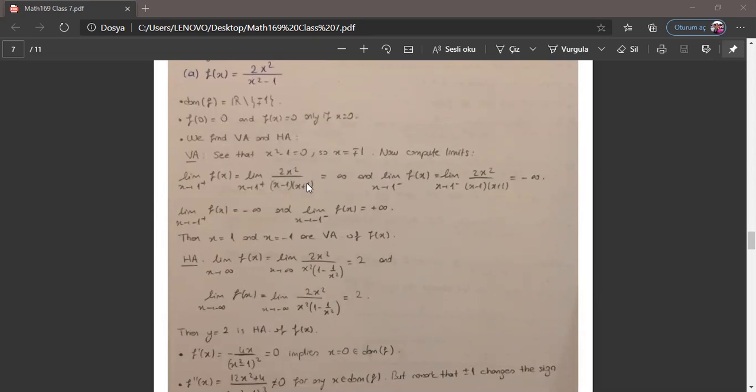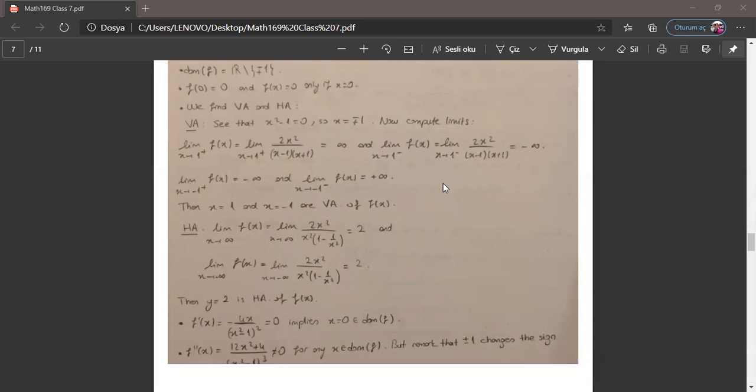This is also positive, and this is already positive, so we get something positive here. So it will be plus infinity. When we are approaching 1 from left, we get minus infinity. And when we are approaching minus 1 from right, we get minus infinity. And similarly, we get here plus infinity.